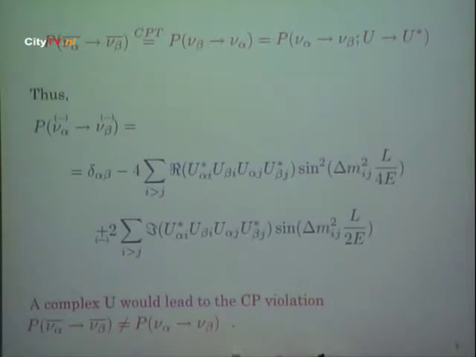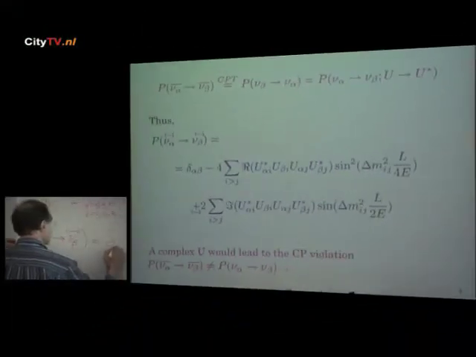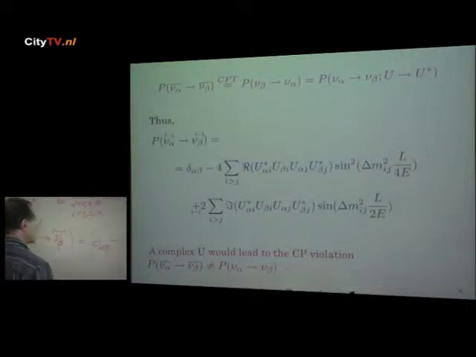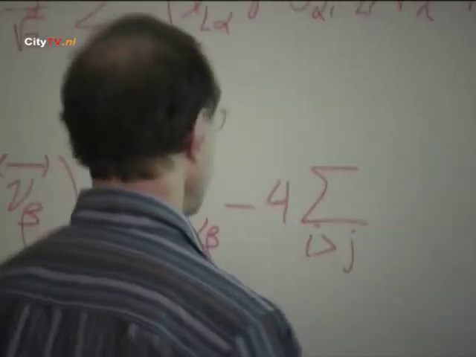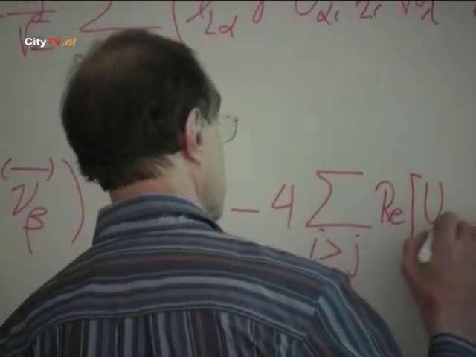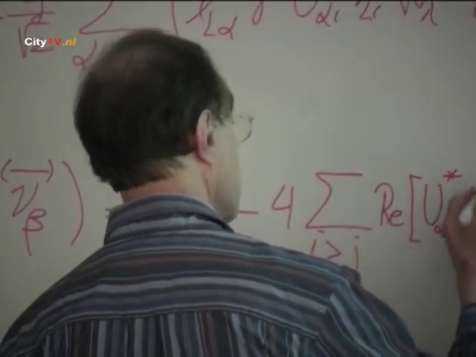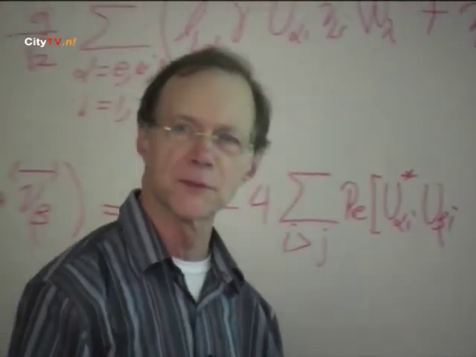All right, P of nu alpha goes to nu beta, or its antineutrino equivalent, is delta alpha beta minus 4 times the sum on the mass eigenstates, real part of U alpha i star, and so on. You can tell by the fact that I'm not looking that I must have encountered this formula a few times before.